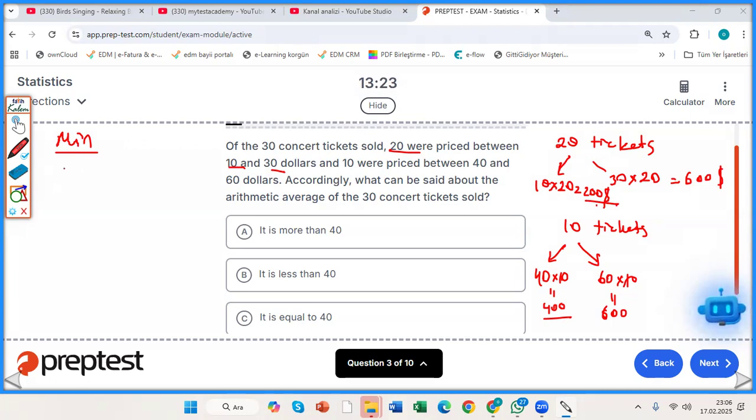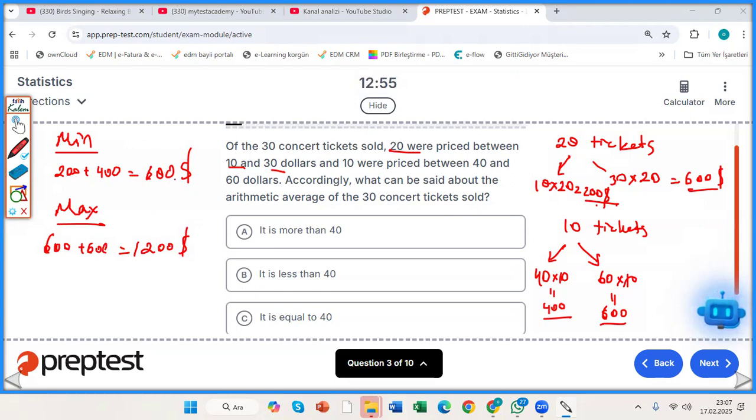So minimum you can take 200 plus 400, which is $600. This is the minimum value. What about the maximum value? Maximum value you can take, as you can easily realize, is 600 plus 600 in total, $1,200. This is the maximum value and this is the minimum value.